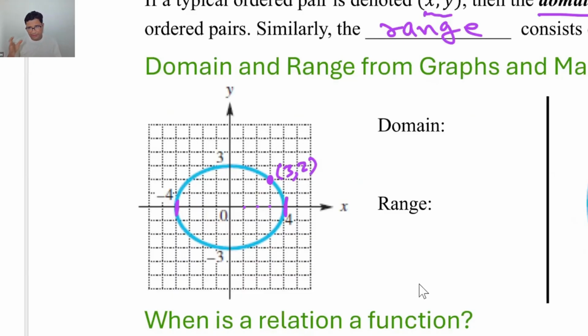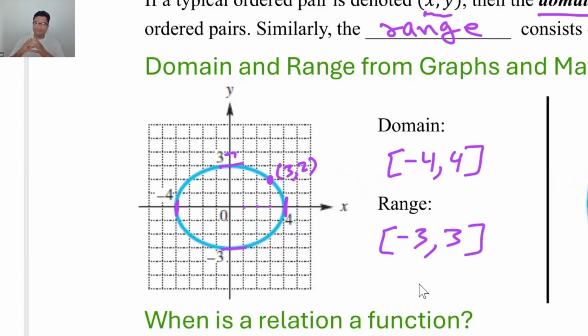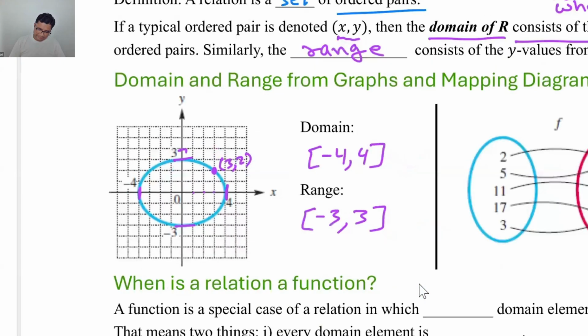So including -4 and 4. So the domain we write here would be the closed interval, -4, 4. Now we need the intervals to represent the domain of this graph. And similarly, you can see the range, the y values, from -3 to 3. Okay, so that is domain and range from the graph.